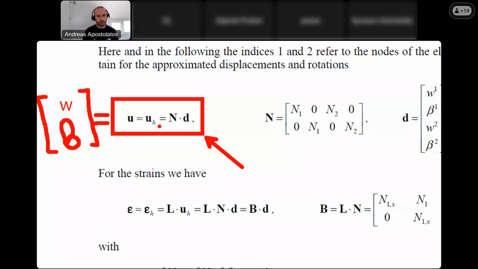And now when we discretize that, we have the discrete form, which is UH, the basis functions matrix times the nodal solution vector. And this is exactly what we call DOFs. So those are the DOFs.